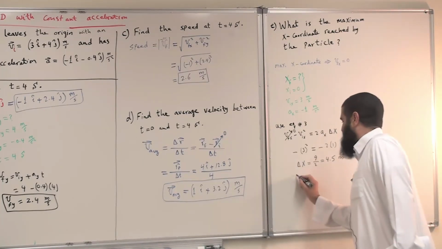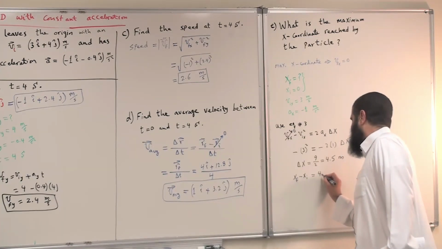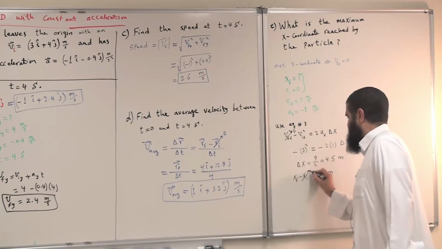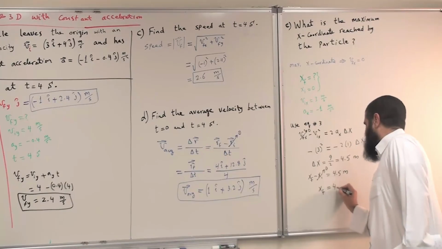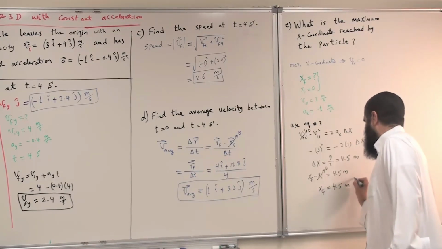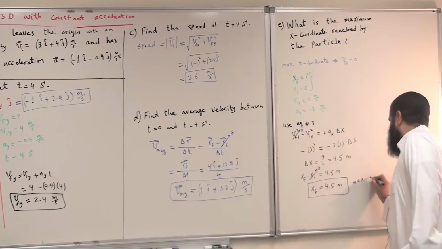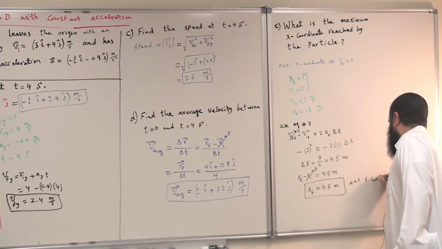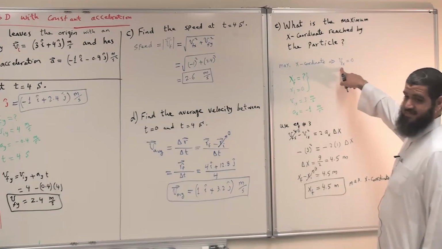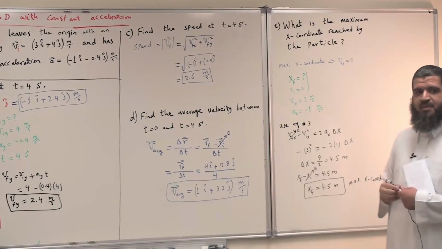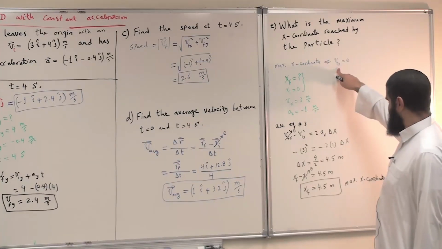But delta x is nothing but x final minus x initial, equals 4.5 meters, and this x initial was 0, so I am left with x final equals 4.5 meter, and this will be the maximum x coordinate. Why is it the maximum x coordinate? Because at that point Vx is equal to 0.